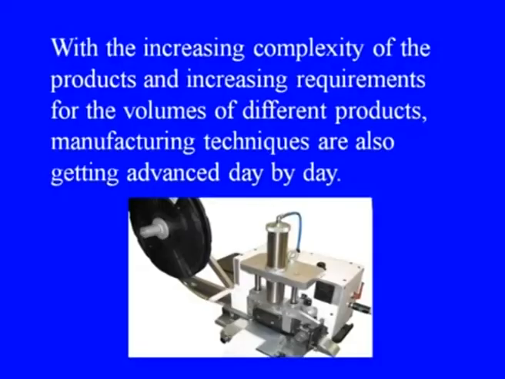With the increasing complexity of the products and increasing requirements for the volumes of different products, manufacturing techniques are also getting advanced day by day. And today, most of the products are manufactured using advanced technologies, which tend to get older every 5 years.